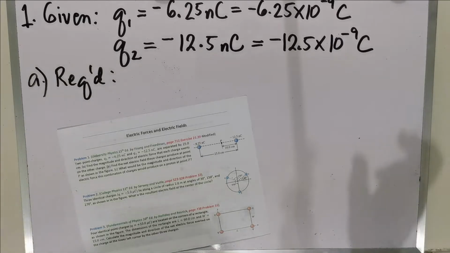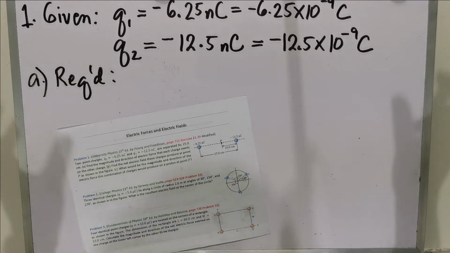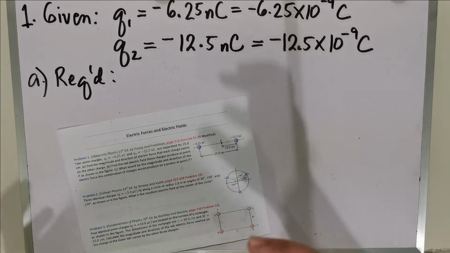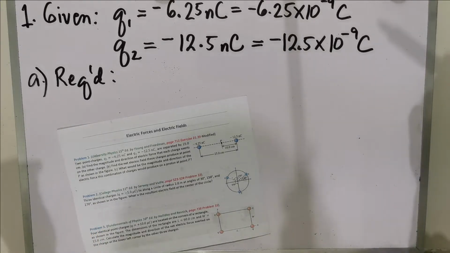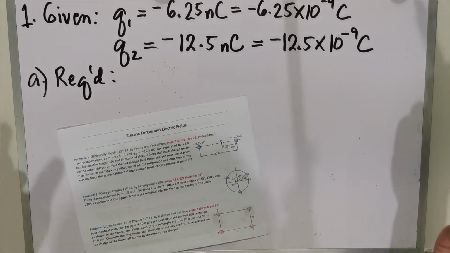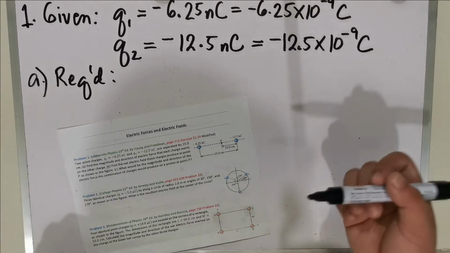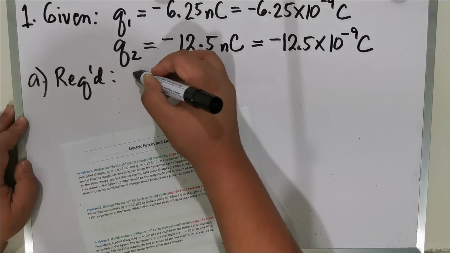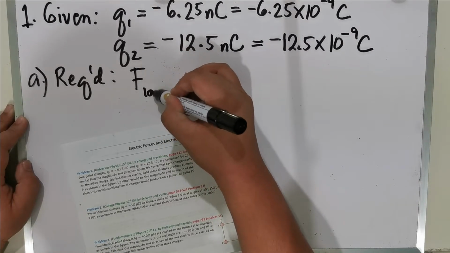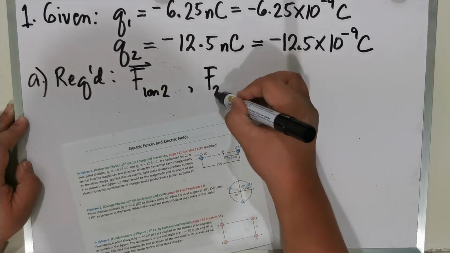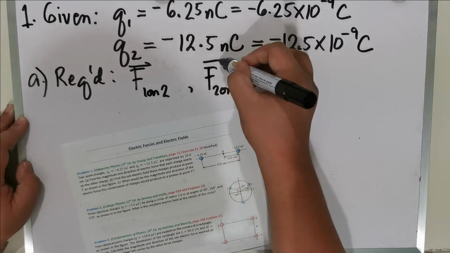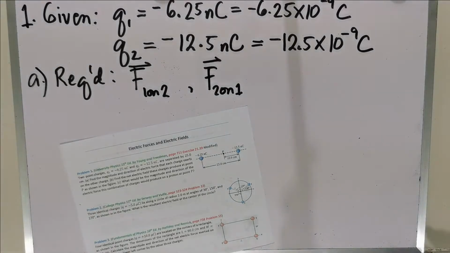Since there is an interaction between Q1 and Q2, meaning Q1 exerts a force on Q2, and in the same way Q2 also exerts a force on Q1, what we need to find in this problem is F1 on 2 and F2 on 1. Remember that forces are vector quantities, meaning they have magnitude and direction.